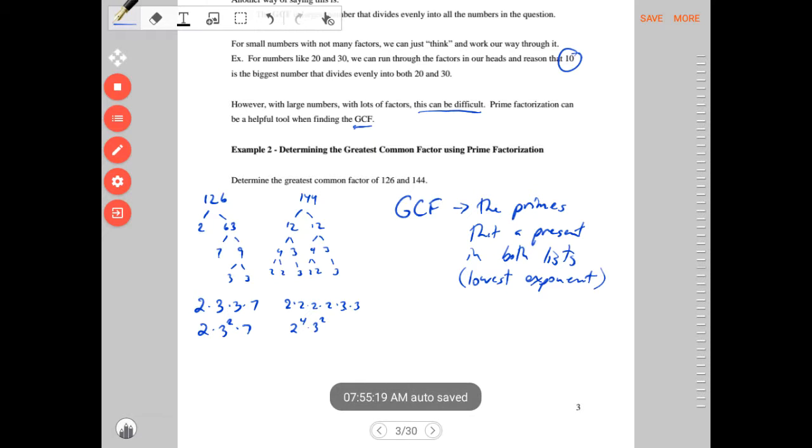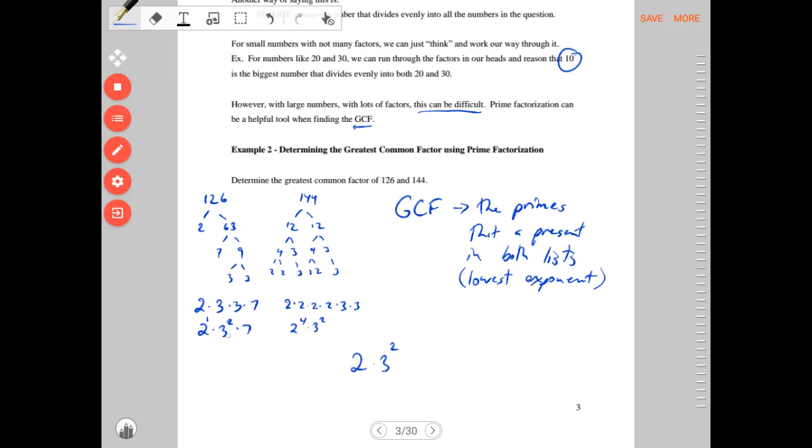If we have a look, 2 is in both lists, so we write that down. The lowest exponent, that's 2 to the 1 versus 2 to the 4, so the lowest exponent is just 2. We have 3 in both lists, and the lowest exponent is squared because it's squared in both lists.